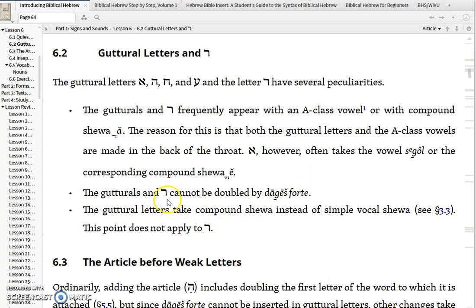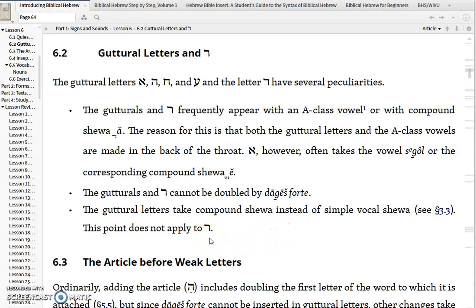And the gutturals and resh cannot be doubled by dagesh forte. They do not take a doubling dagesh, or dagesh lene as far as that goes. The guttural letters take compound shava rather than simple shava, at least in most cases, if it's a vocal shava, shall we say.